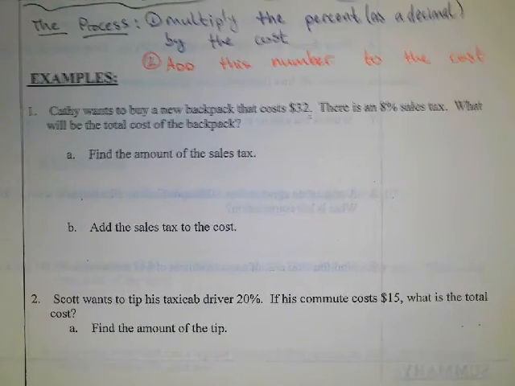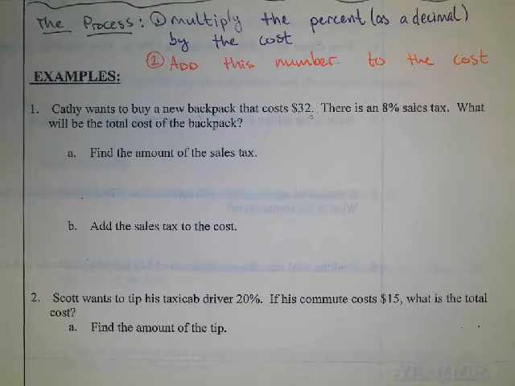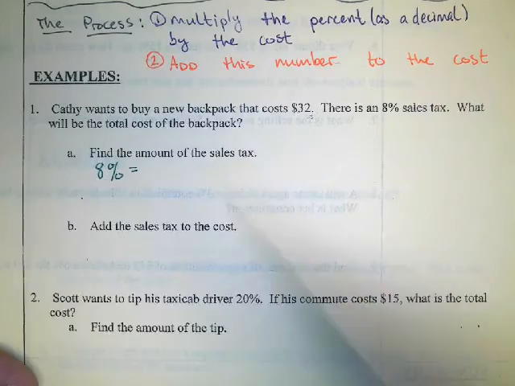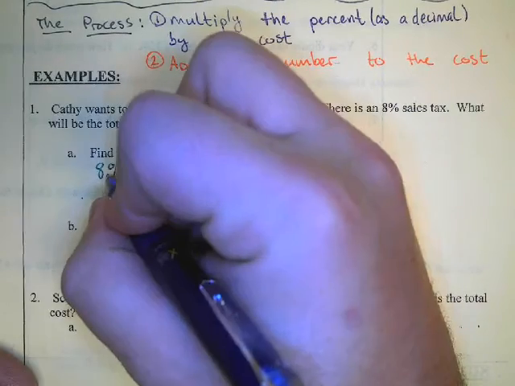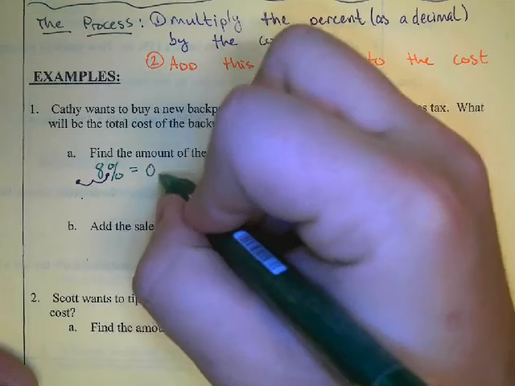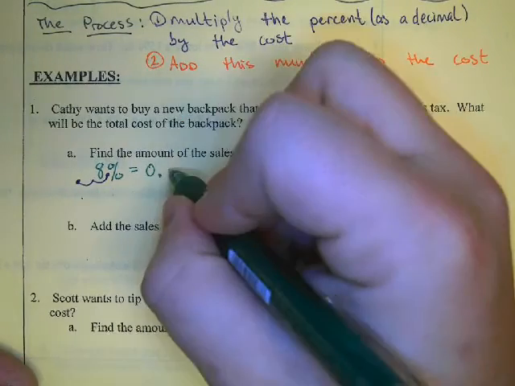So my percent is 8%, but we need to turn it into a decimal. So when we move our decimal twice, 1, 2, we get 0.08.